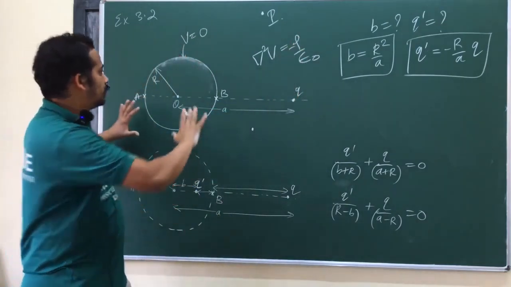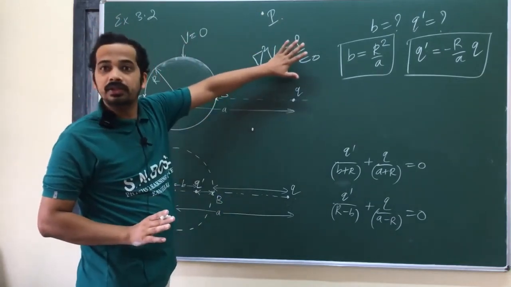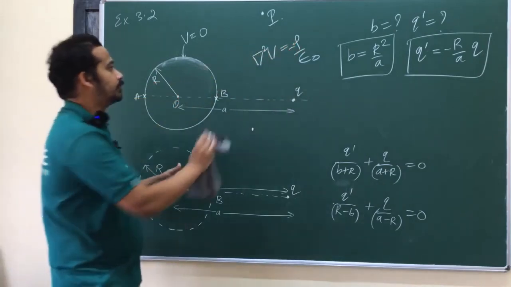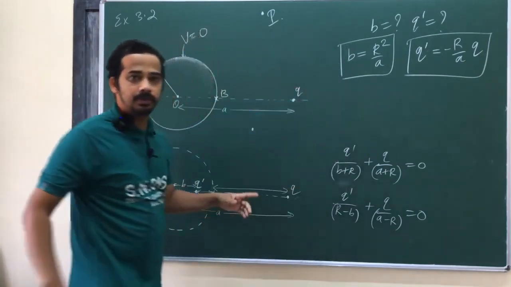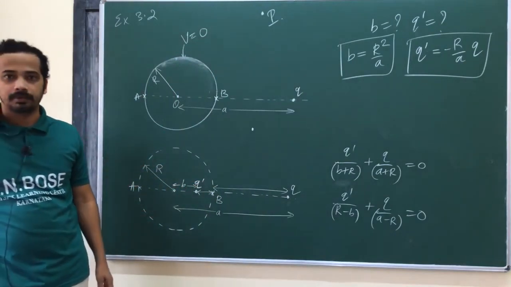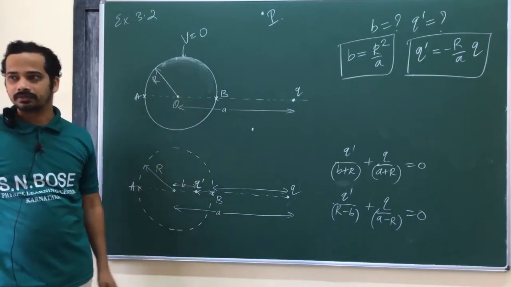What is the region of our interest? Outside this conductor. In that region, this equation should not be altered. That's why you can place the image charge inside, not outside. And inside, the potential is changed compared to the original. Who worries?